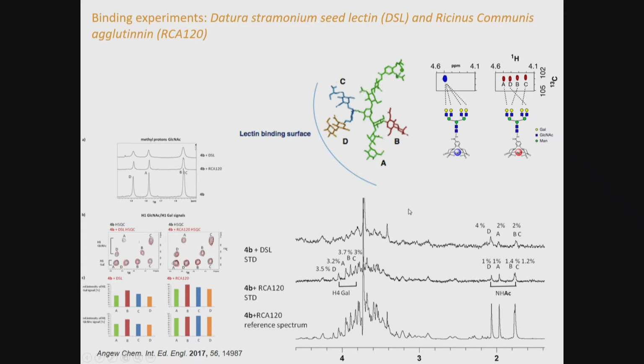But in the case of Datura stramonium lectin, which is described as preferring the 6 arm, we obtain a higher STD effect for this arm. So we could fit the biochemistry data that has been postulated for a long time, but there was no evidence, because there are no X-ray structures of these molecules or detailed NMR studies where you can really see what's going on.